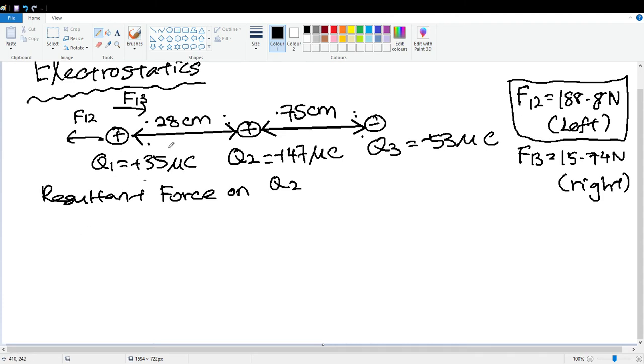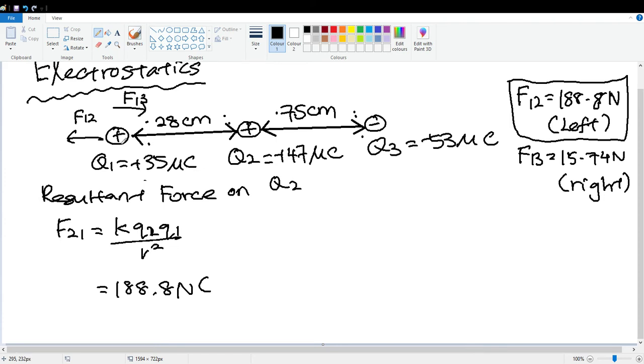The interaction between Q1 and Q2 is F21, which is K Q2 Q1 over R squared. So basically this force is equal to the previous one, which is 188.8 Newton. The difference is only in terms of direction. Just now we mentioned that the force on Q1 is towards the left, since both of them are repulsive.